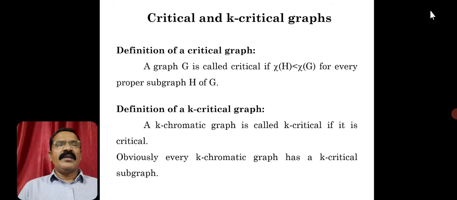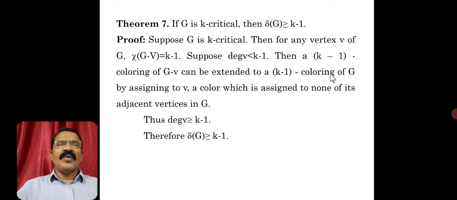Now we will consider one interesting result on this statement. What is the statement of the theorem? If G is a K-critical graph, what do you mean by K-critical graph? A K-chromatic graph is called K-critical if it is a critical graph.